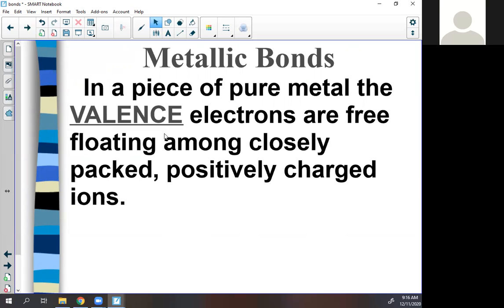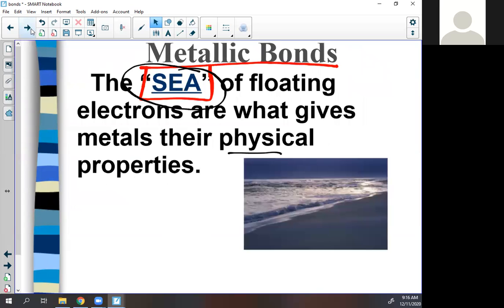So in a pure piece of metal, the valence electrons are free floating among closely packed, positively charged ions. All right, the sea of floating electrons are what gives metals their physical properties. All right, that literally is it.